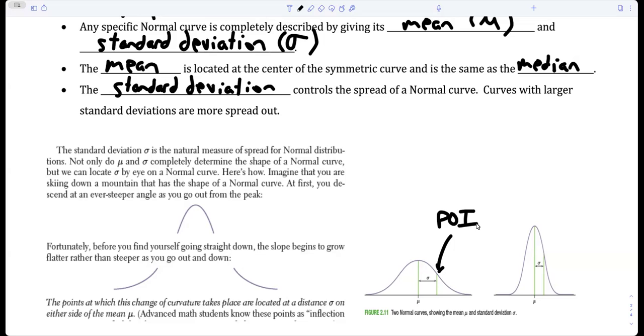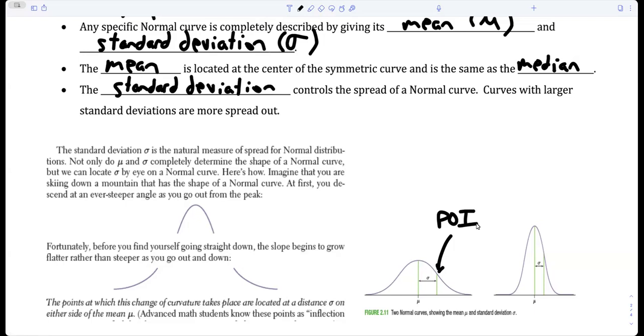What's a point of inflection? It's a change in concavity, where the second derivative is 0 or undefined and changes signs. Stats people, don't worry about that.